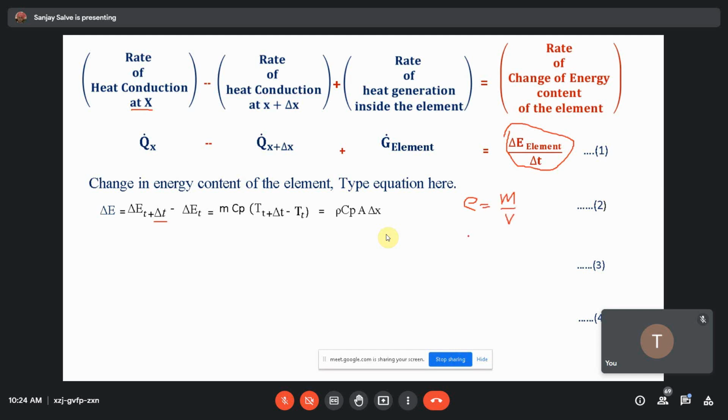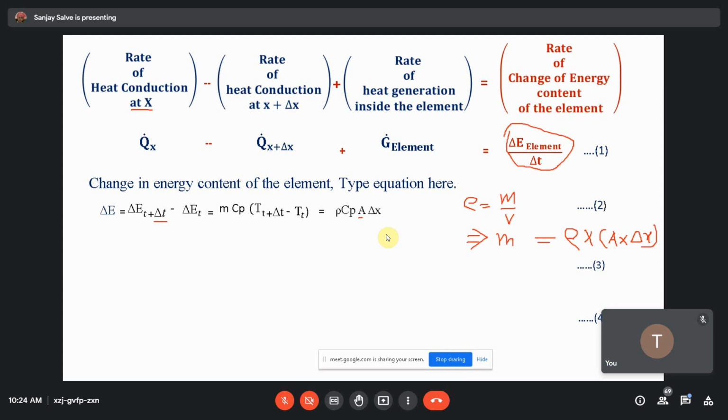So I can write here that mass is equal to rho, that is density, times volume. Volume is the area of that strip into thickness. So volume is area into small thickness del x, and that times density is nothing but mass.